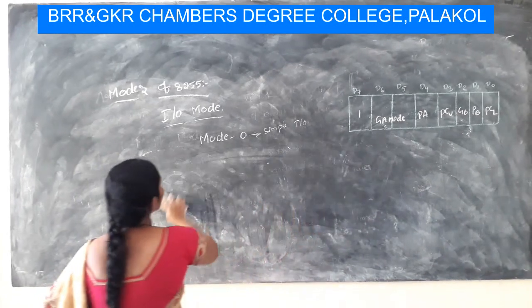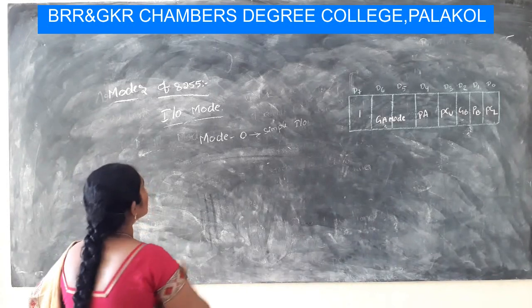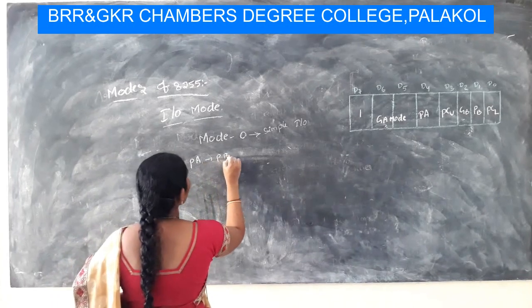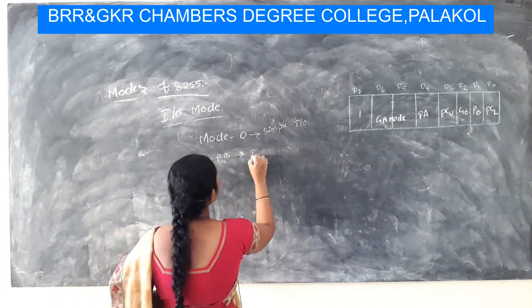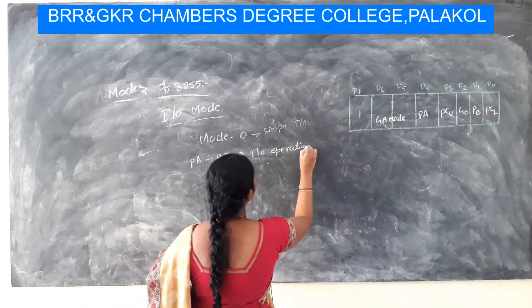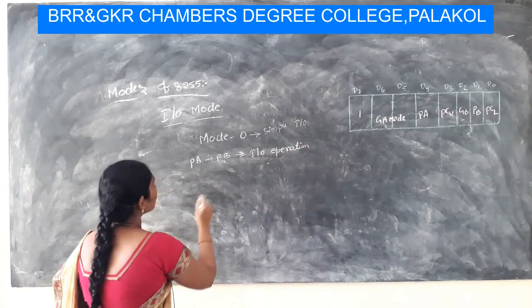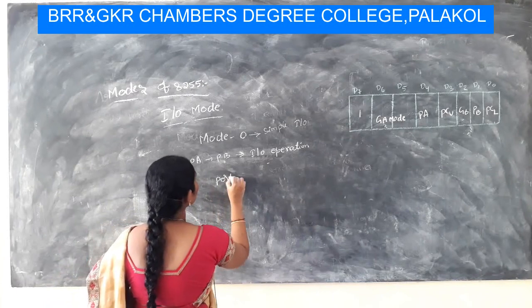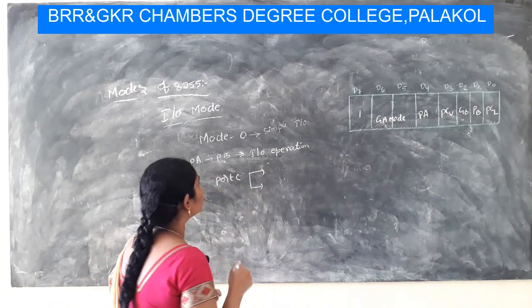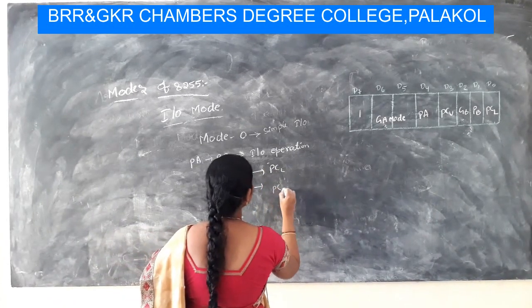Here mode 0 is a simple IO. That means port A and port B are used for input and output operations. In this mode, port C is divided into 2 parts, each of 4 lines: PC lower and PC upper.